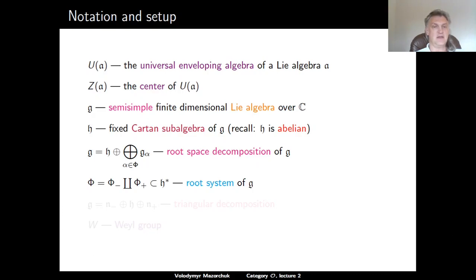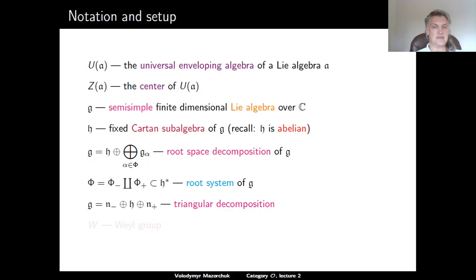This means that we fix a basis Pi of Phi. Then positive roots are exactly the roots which can be written as linear combinations of basis elements with non-negative integer coefficients, and negative roots are the negations of the positive roots.